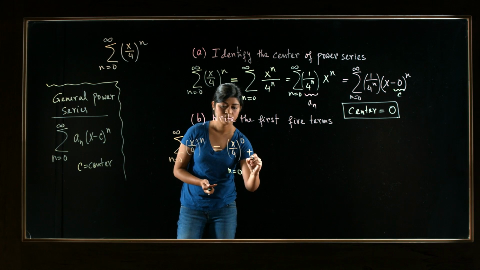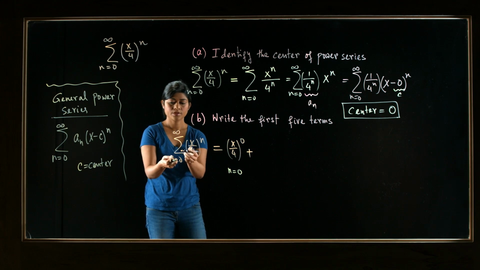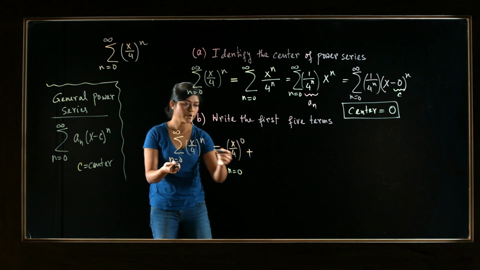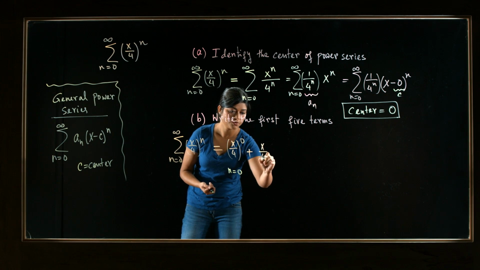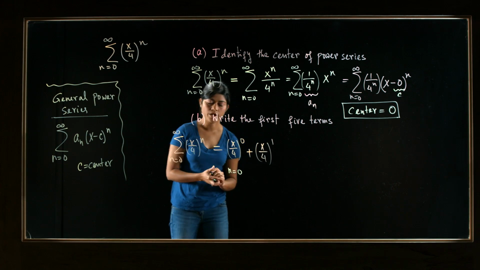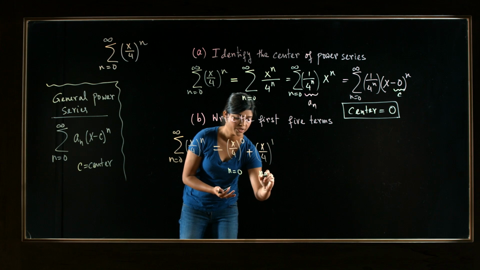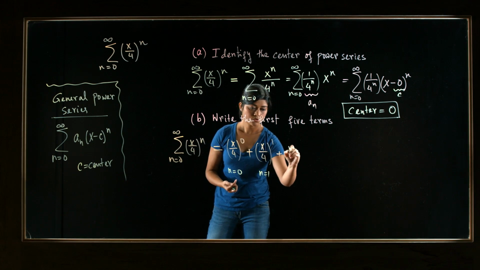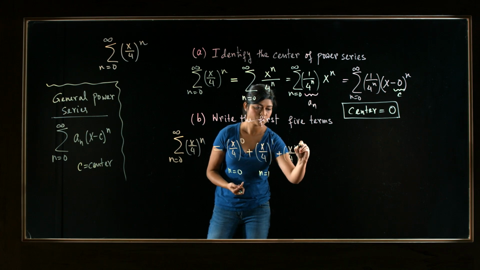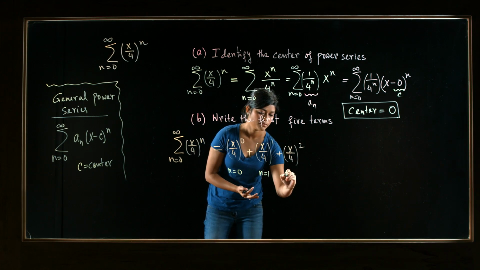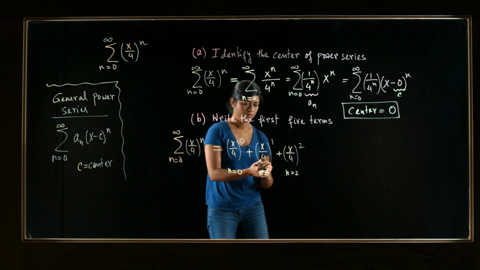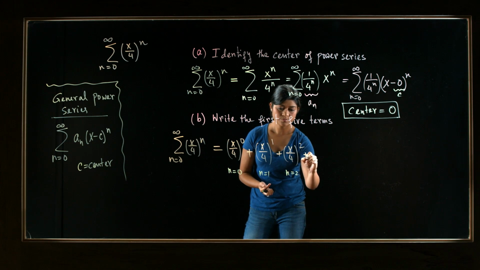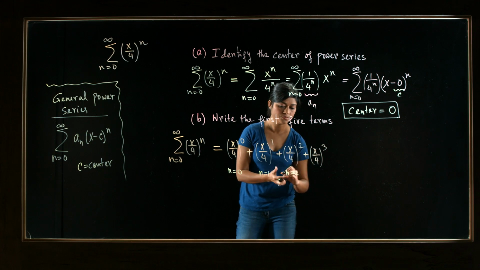Then you add, because this is a sum, the next term, n equals 1. So x over 4 to the power 1. Next, n is 2, so x over 4 squared. The fourth term is when n is 3, so x over 4 cubed.